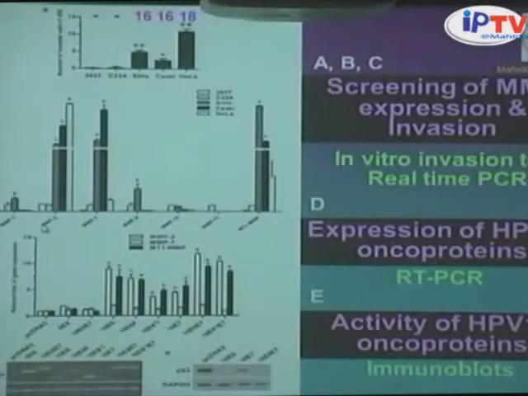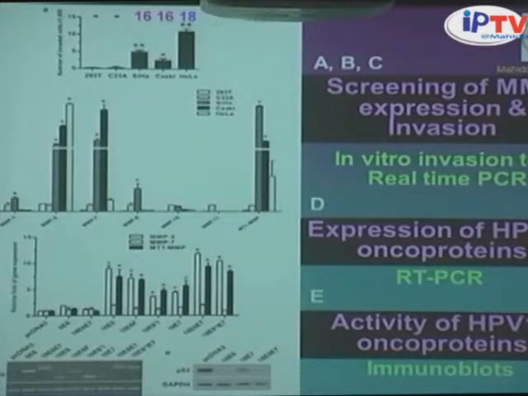So we look for the expression level of the MMP. We select 7 types of MMPs to look at in our study. These 7 MMPs were reported to be increased in cervical cancer.